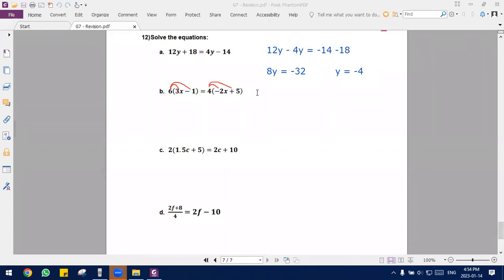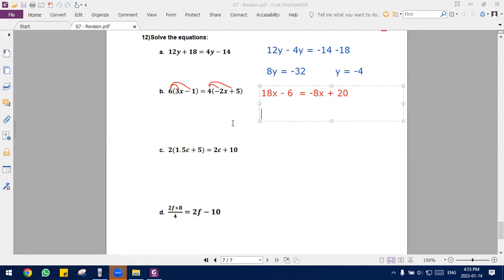Let me write them down here. 6 times 3x is 18x. And then 6 times minus 1 is minus 6, equal to 4 times minus 2x, minus 8x, and 4 times 5 is 20.